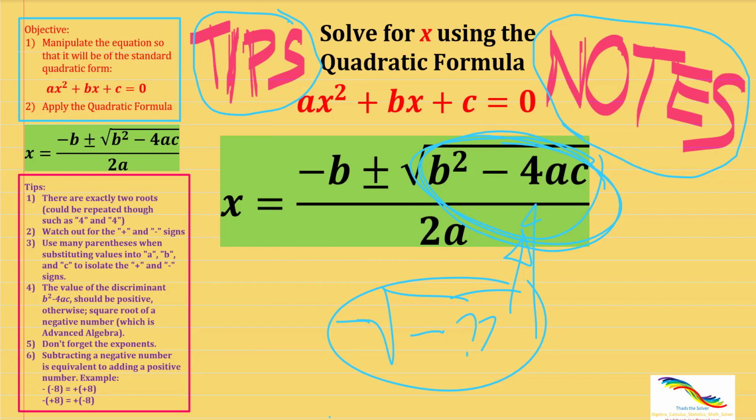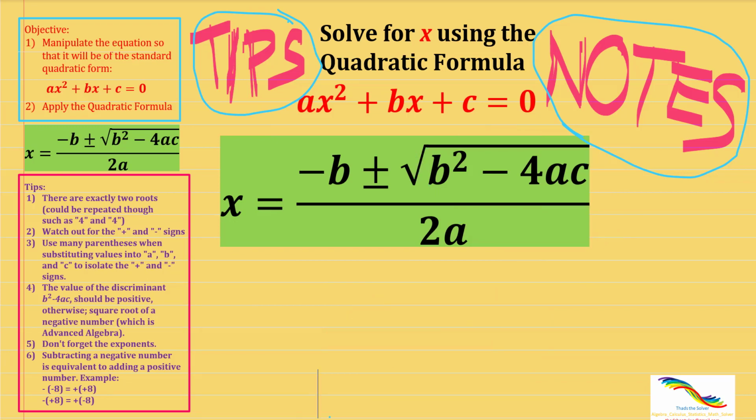So to summarize, the moment you have a negative quantity for b squared minus 4ac, which is called the discriminant, the expression inside the square root, then you probably made a mistake at this stage of your study of algebra. Well, it happens that there will be a square root of a negative number, but that is far advanced. So that's your hint that you made a mistake if you get a square root of a negative number.